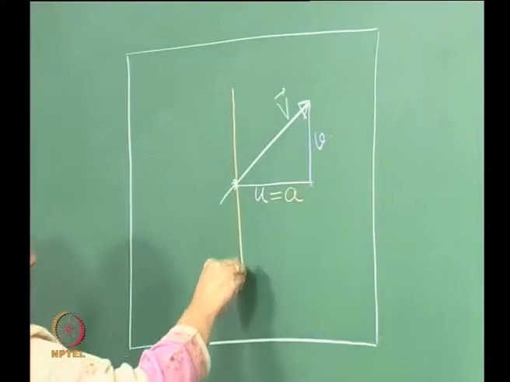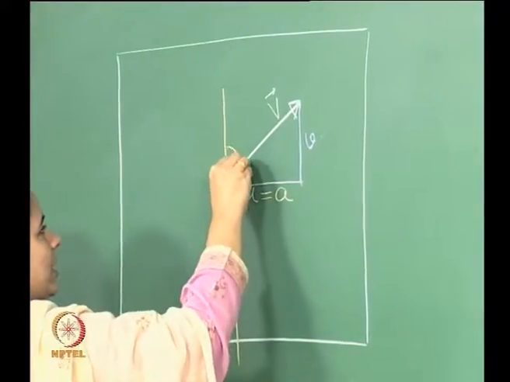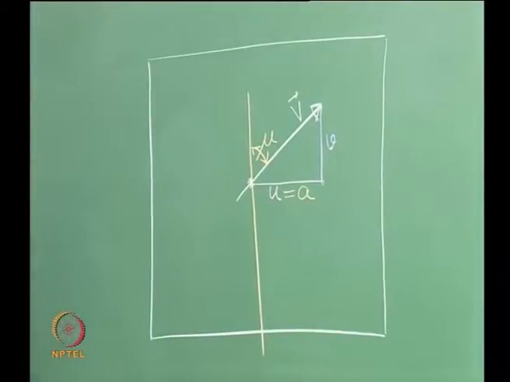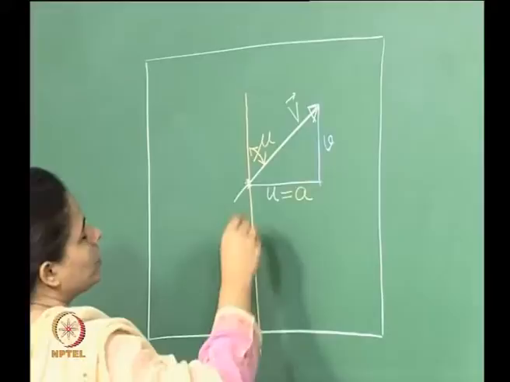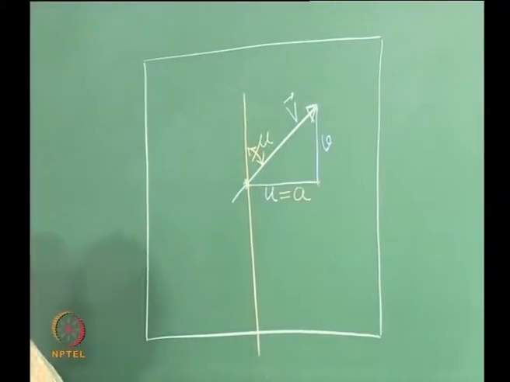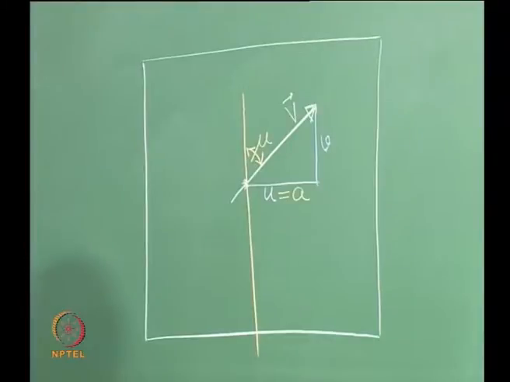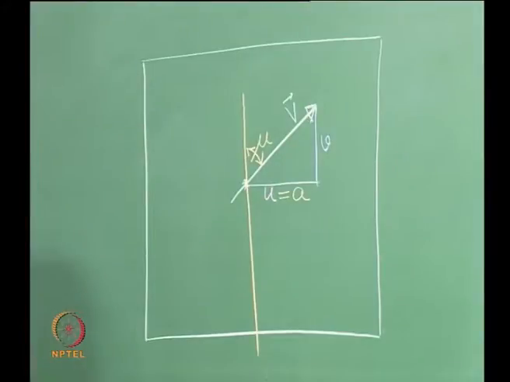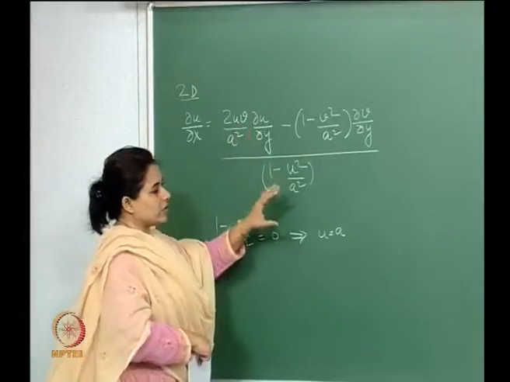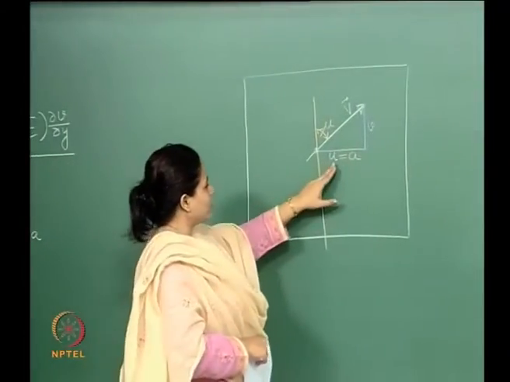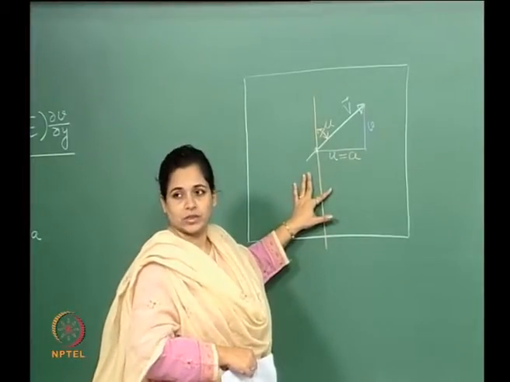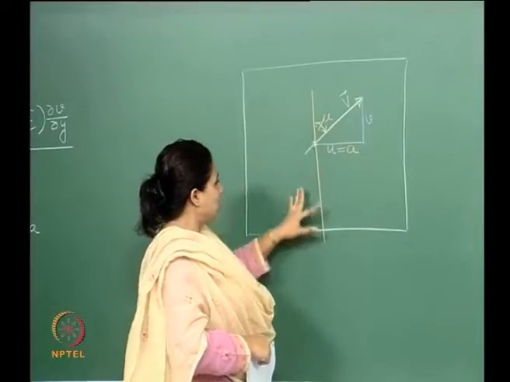if we have this line, which is making an angle mu with the streamline direction, and the velocity component perpendicular to this line is sonic, then we were able to see that the derivatives of u and other properties become indeterminate, and may become discontinuous, on this particular line.